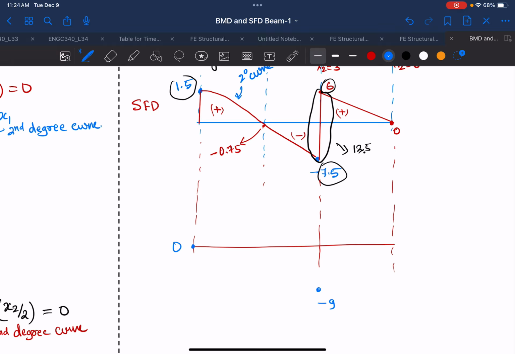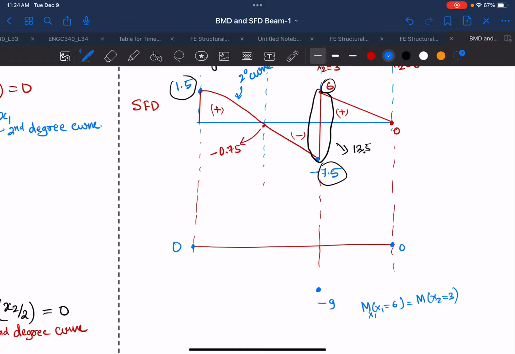And if you do x2 equal to 0, your moment is 0, and at x2 equal to 3, your moment also will be minus 9. So Mx1 at 6 has to be equal to Mx2 at 3.